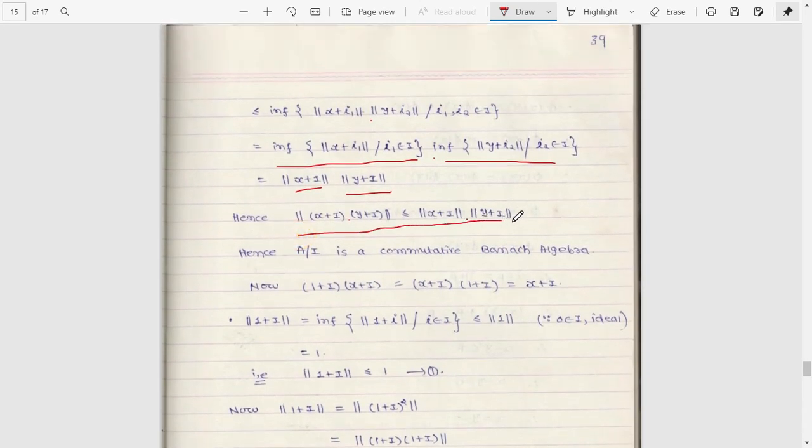Hence this. Hence, A/I is a commutative Banach algebra.